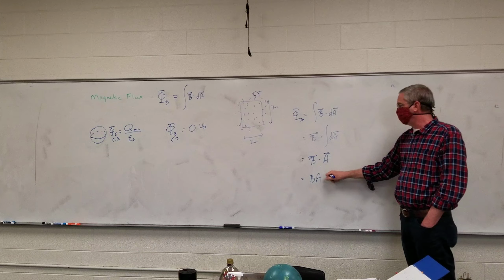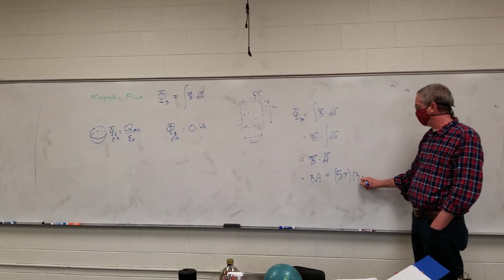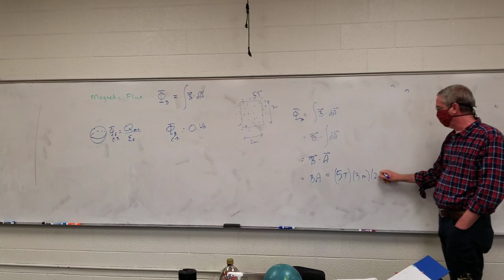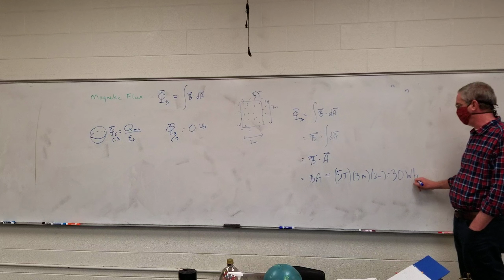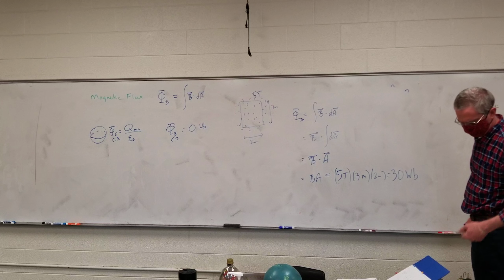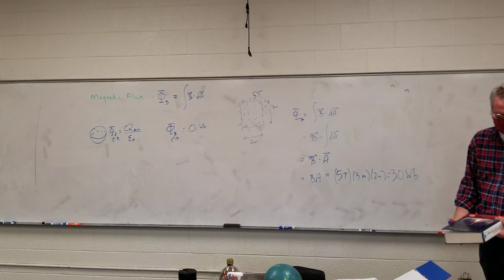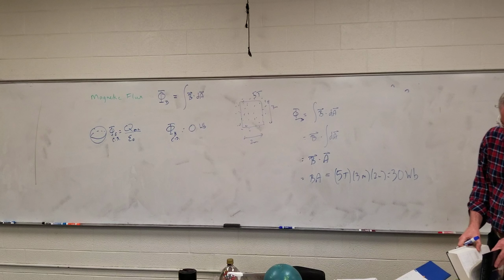And so therefore, we end up with just 5 Tesla times 3 meters times 2 meters. Then we end up with a magical number of 30 Weber. Pronounce it Weber. There's only one B in there, I believe. I guess it could be Weaver or Weber. I'm still going with Weber.